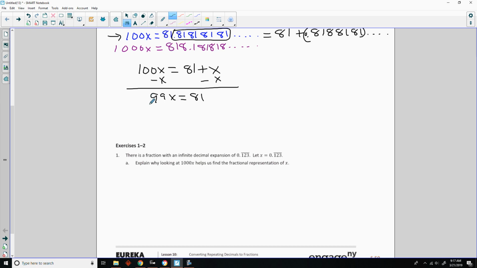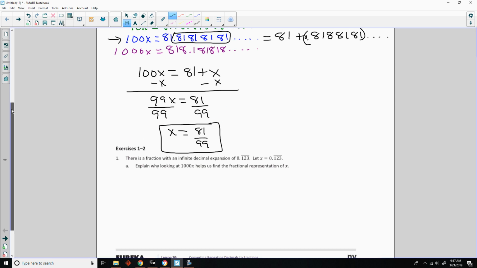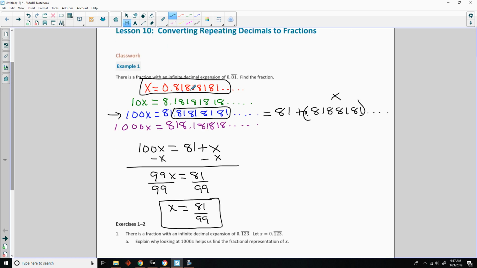Now if I want to get x by itself, I divide both sides by 99. The 99's cancel, and I get x equal to 81 over 99. And there is my fraction representation of this repeating decimal.